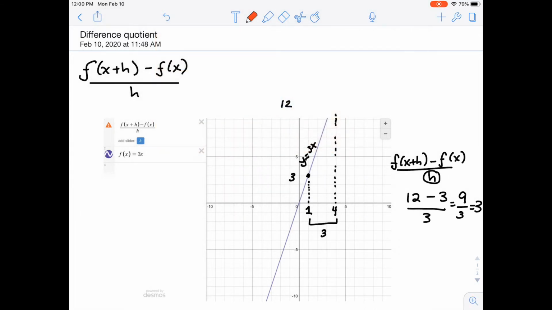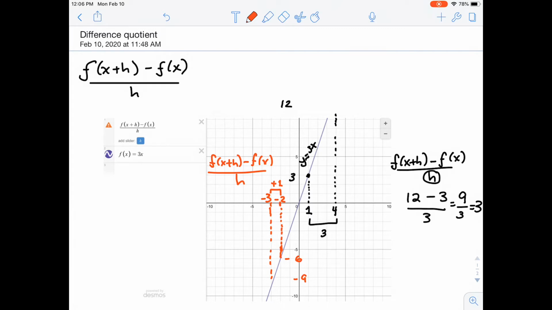Let's take a look at whether this works for the negatives as well. So let's look at -2 and let's look at -3. The corresponding y value for -2 is going to be -6, and the corresponding y value for -3 is going to be -9. Similarly now, we'll use the difference quotient to see what we get here.